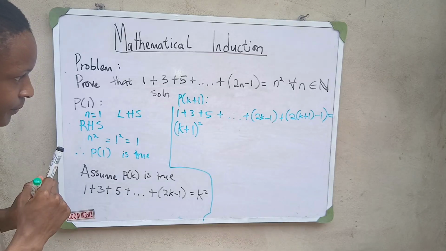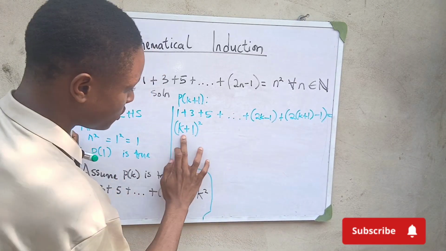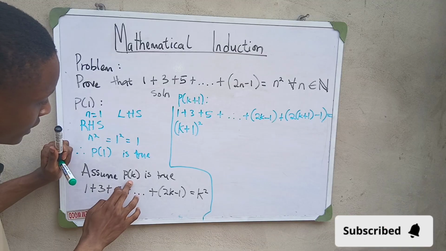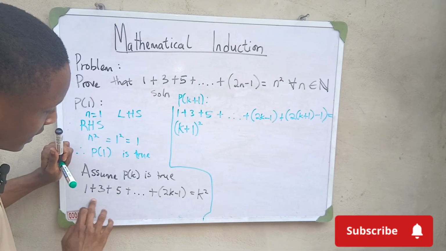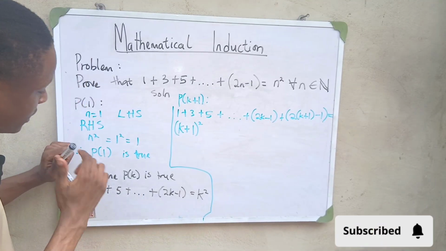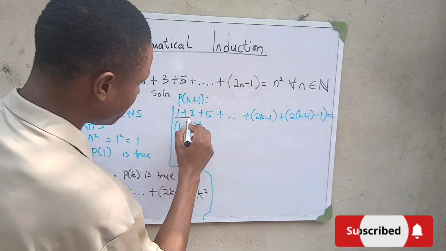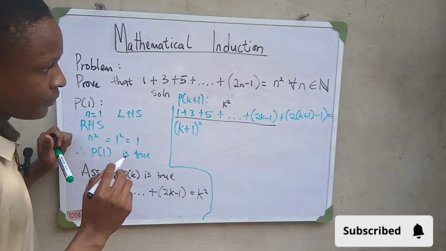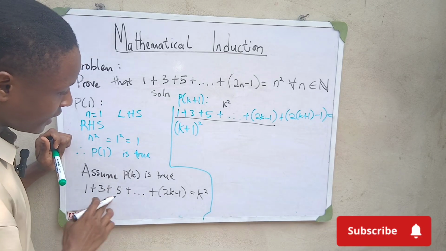The next thing is, since we have already assumed that P of k is true, and this is equal to this, anywhere we see this value, we are just going to put k square, because this value is equal to this.